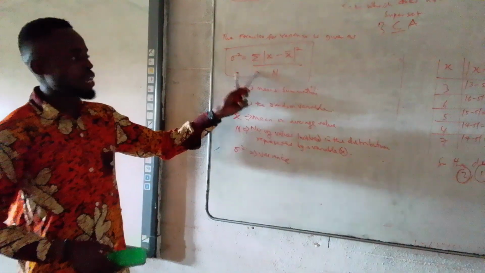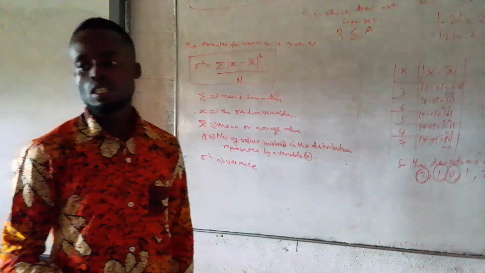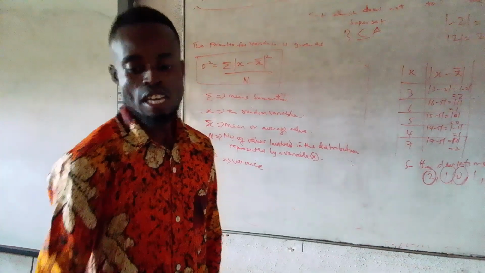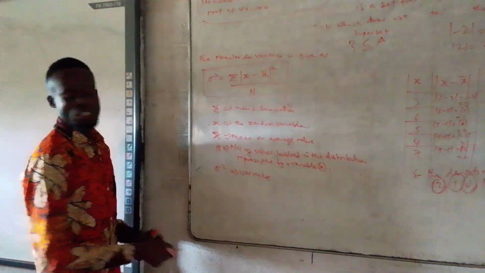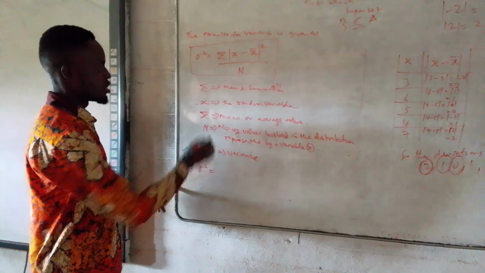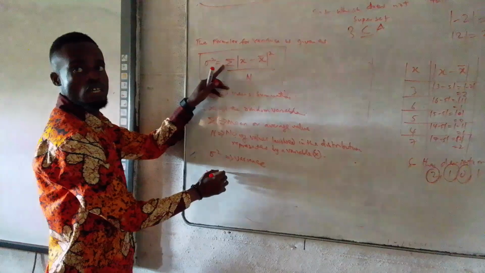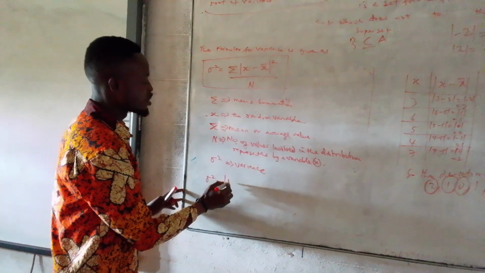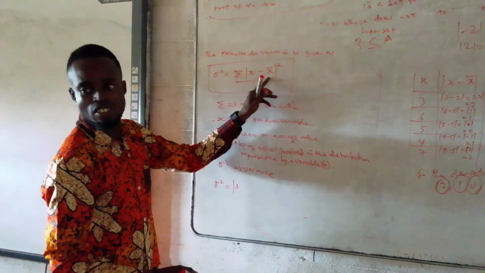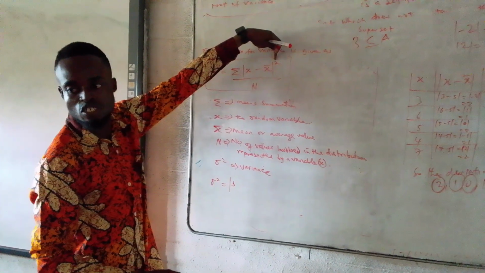So the formula we have on the board is the formula for calculating variance. If I apply this formula, I'll still get 2 as my answer. Look at it here. Summation is addition. The first x is 3, so we add the deviations. Don't forget that you have to square each of the deviations.